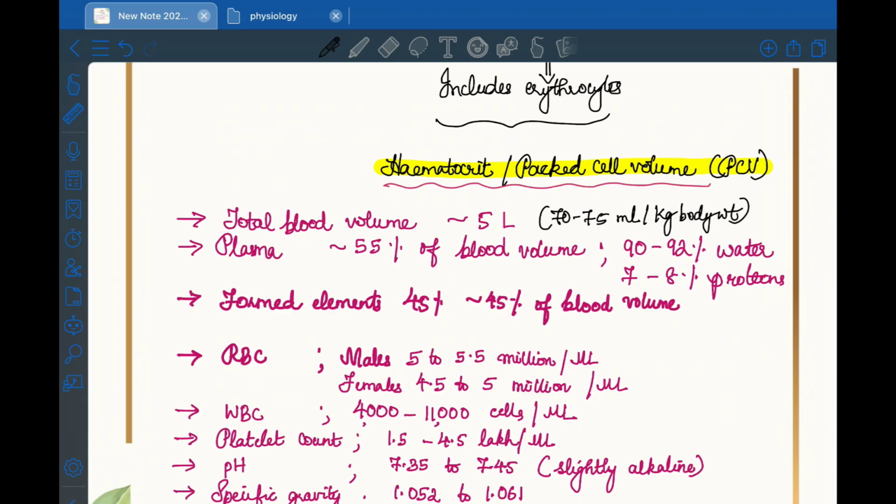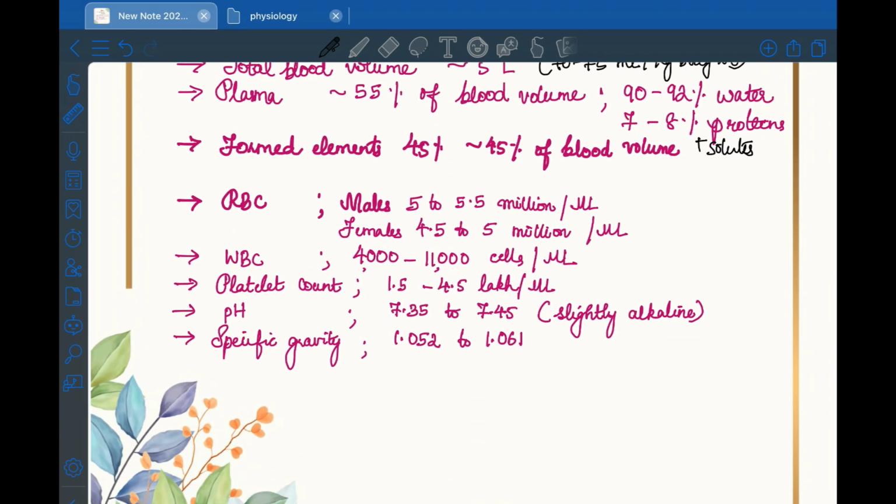Plasma is approximately 55% of the blood volume, that is, it is 90 to 92% composed of water and 7 to 8% proteins, and the remainder is made up of other solutes. The formed elements include 45% of blood volume, and by the fraction, RBCs in males is around 5 to 5.5 million per microliter.